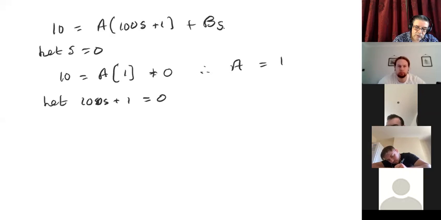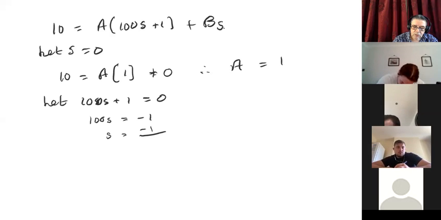So we'd have 100s equals minus 1. Move the 1 across the other side. s is equal to minus 1 over 100s. Follow that? I think so.